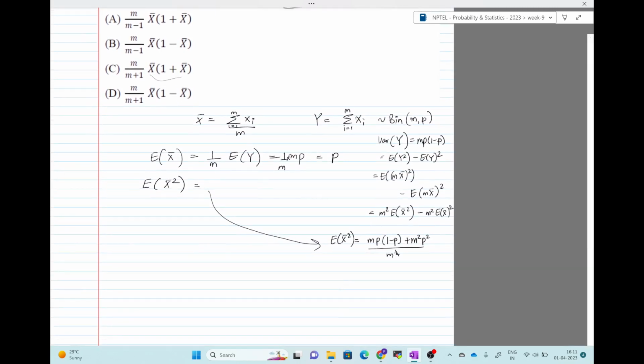Sir, E of x bar is p, so E of x bar whole square will be p square, right? So mp into 1 minus p plus p square. There is this m square also, no?